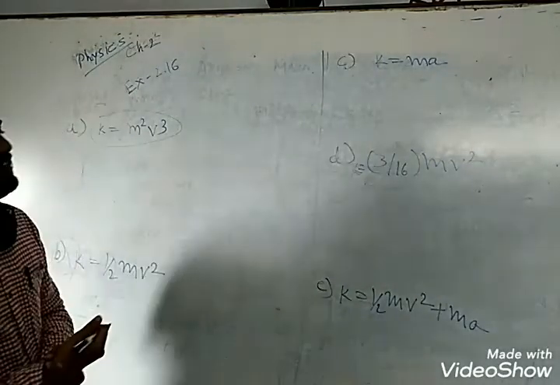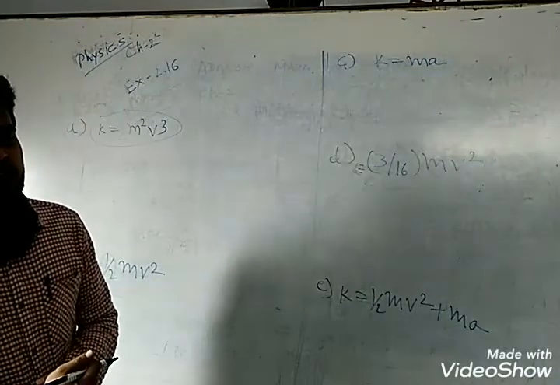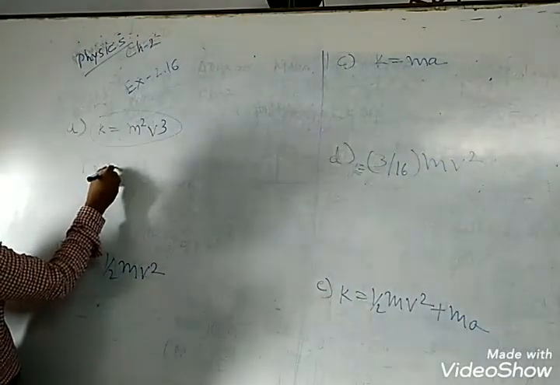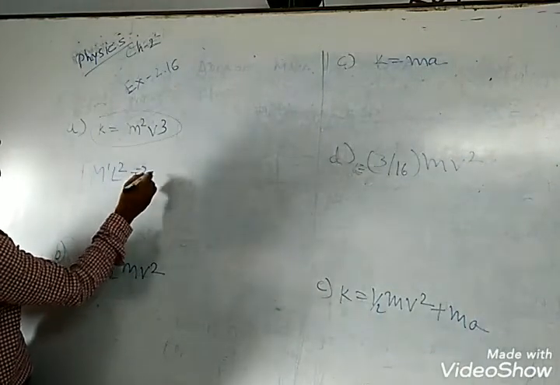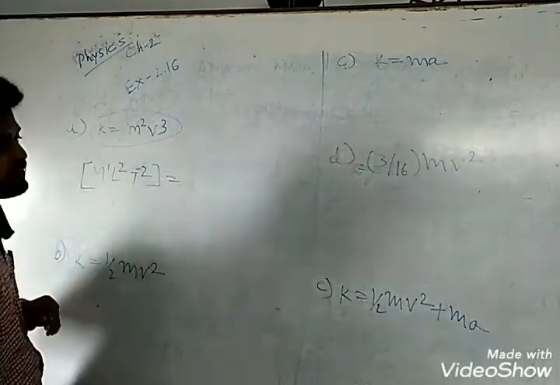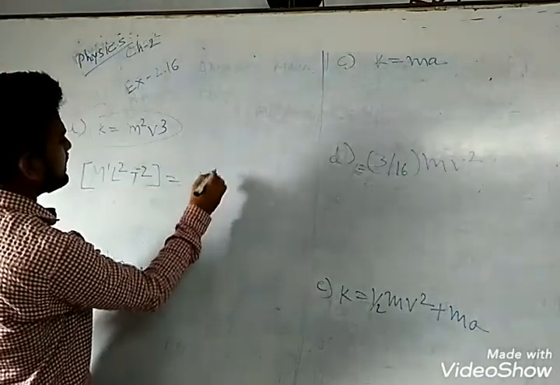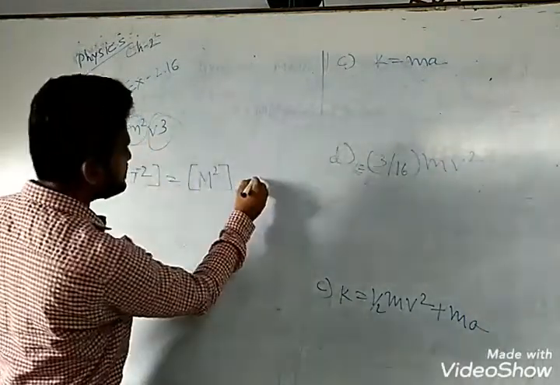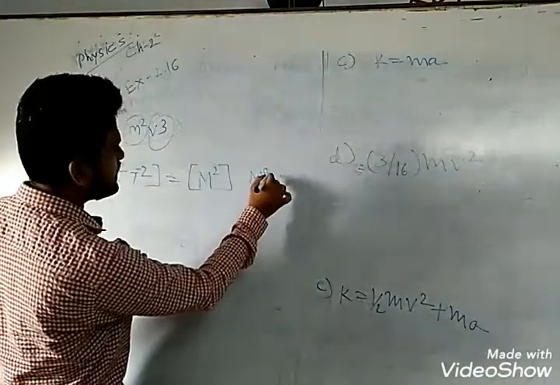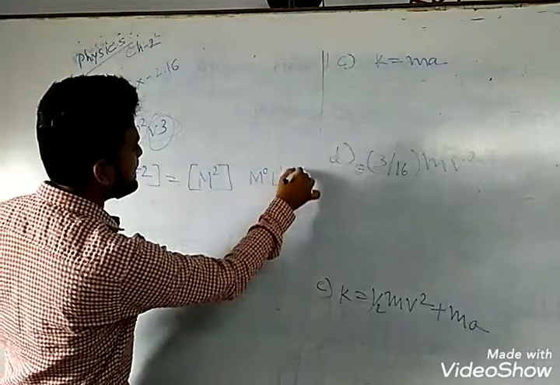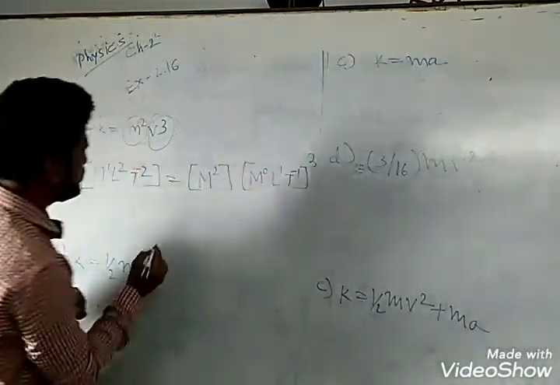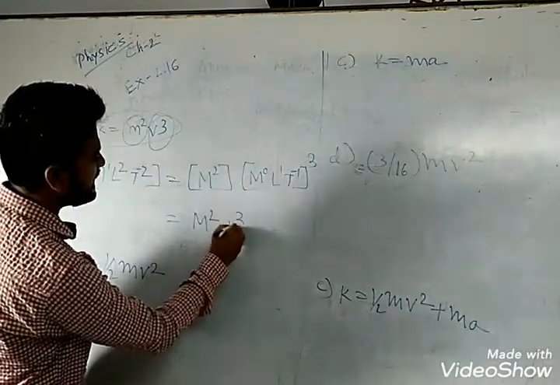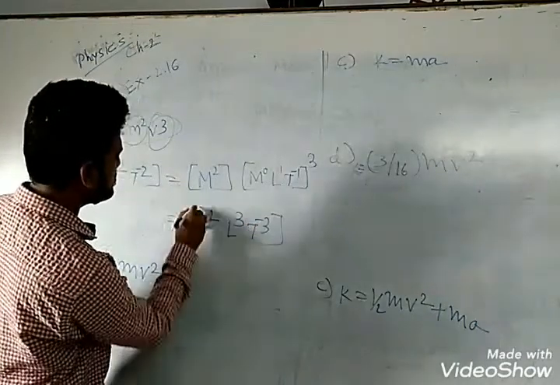So first, here k, we know that k is kinetic energy. The dimensional formula of kinetic energy is M¹L²T⁻², which is equal to, for the right hand side, m² and v³, velocity (M⁰L¹T⁻¹) cubed. So the final answer is M²L³T⁻³.